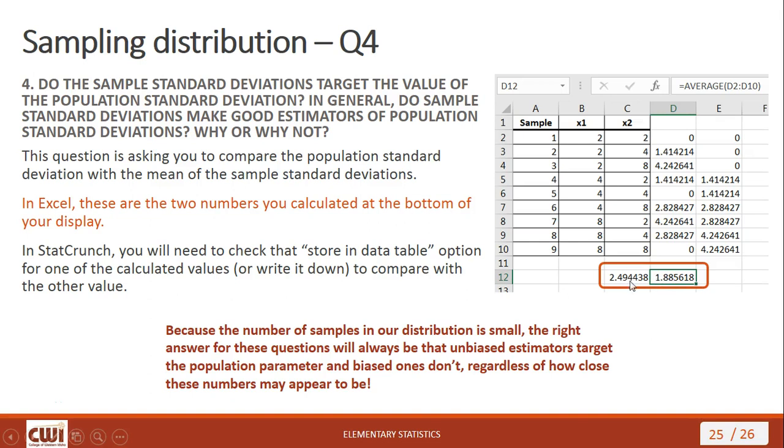And you can see here, there's quite a difference in our standard deviation values. So it doesn't matter how close the numbers are, though. Even if the numbers were very close, the correct answer is going to be based on whether the estimator is biased or unbiased. So you have to pretty much remember which ones are biased and which ones are not.